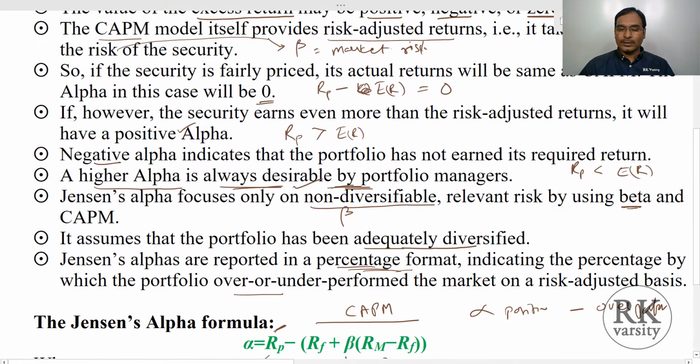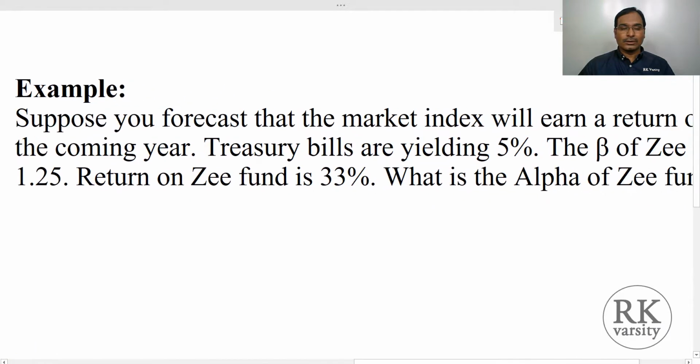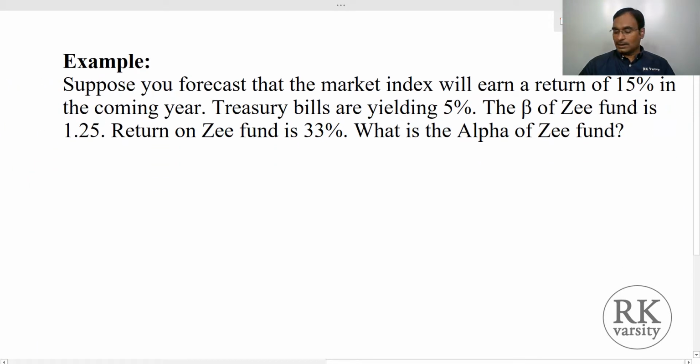Now what we do is we solve one simple example. Here, suppose you forecast that the market index will earn a return of 15%, that is your return on market, in the coming year.